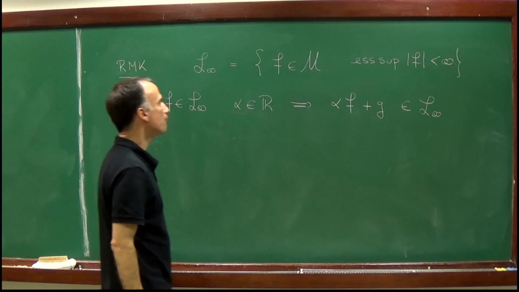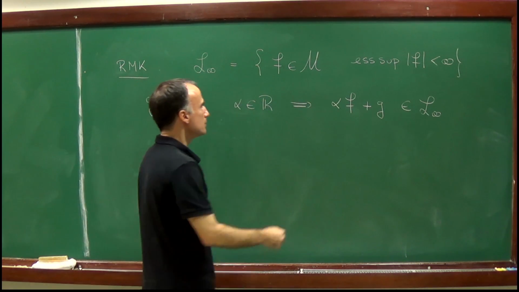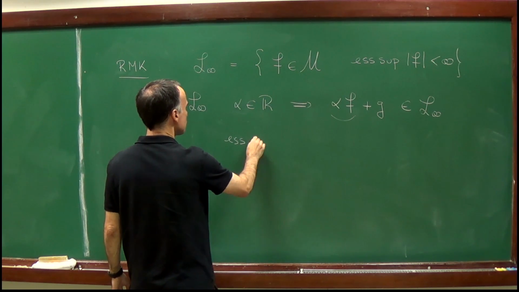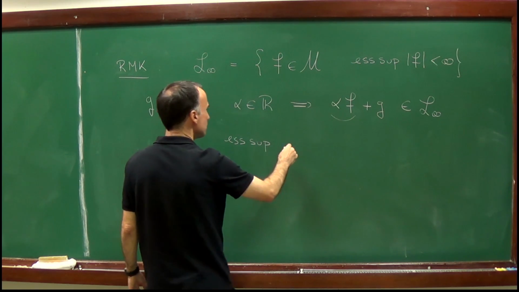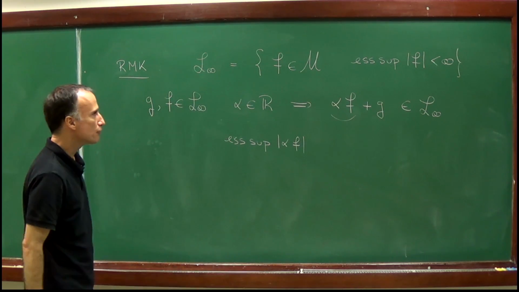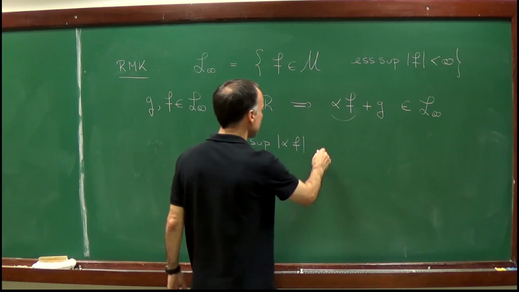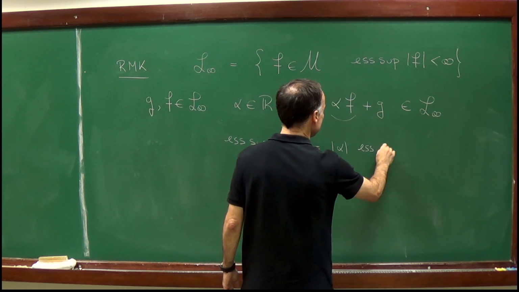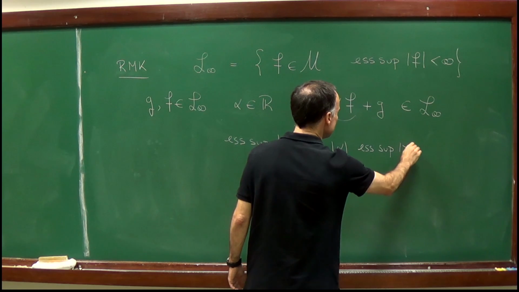What you have to show is that the essential supremum of alpha times f is equal to alpha times the essential supremum of f.